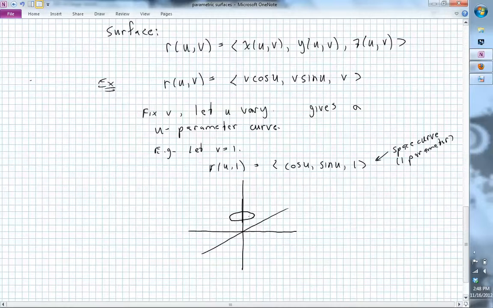So you understand what the curve looks like for one particular value of v. Now just let v move a little bit. What happens if v is 2? It's at height 2 with radius 2. So it went up and it got bigger. Even more information, right?